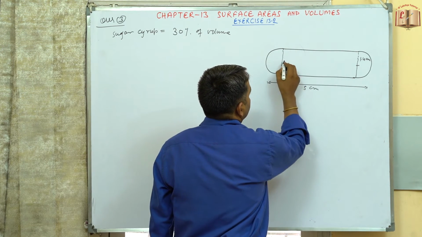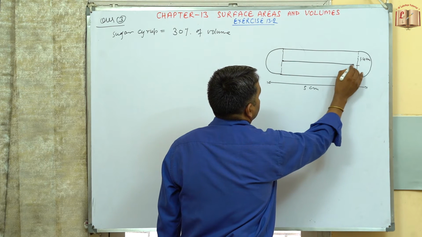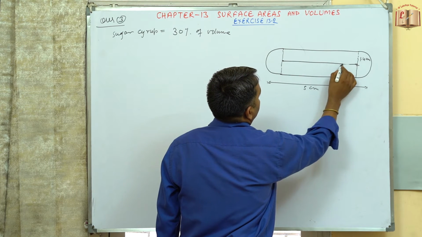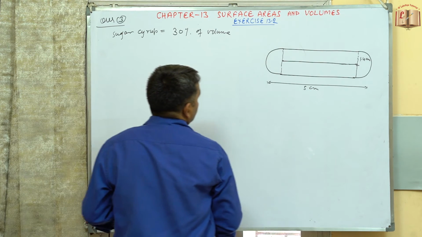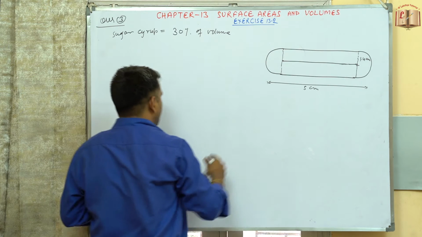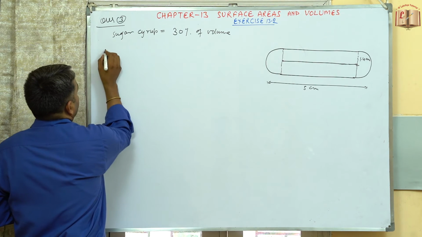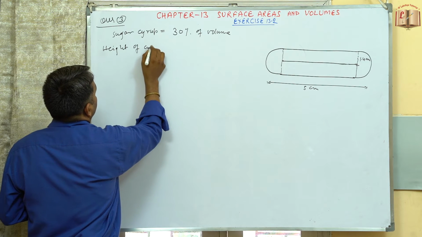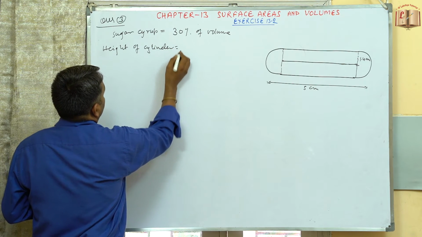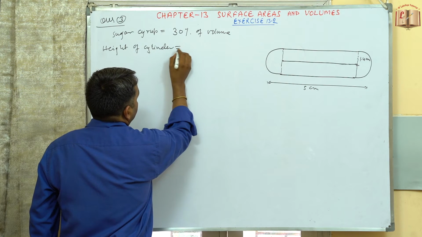gulab jamun. So this height can be calculated. So this height will be equal to 5 minus 2.8. So we can calculate the height of the cylinder, or length of the cylinder, this is the same thing.